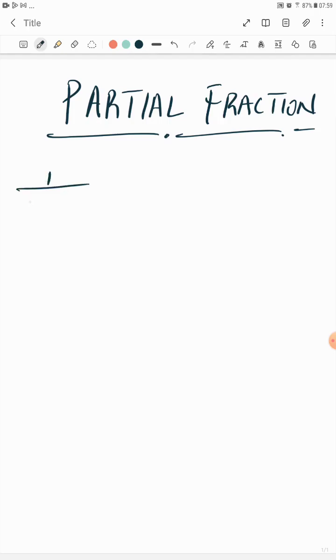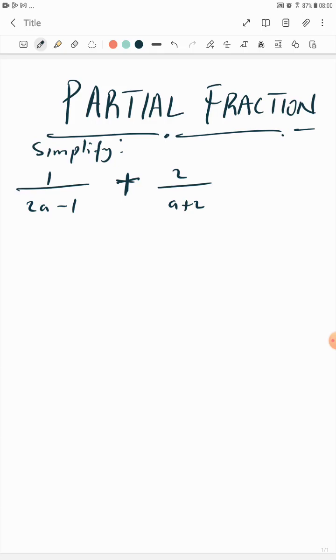Suppose we are given 2a minus 1 plus 2 over a plus 2. If we are asked to simplify this, don't forget we are trying to check the background knowledge of what partial fraction is.